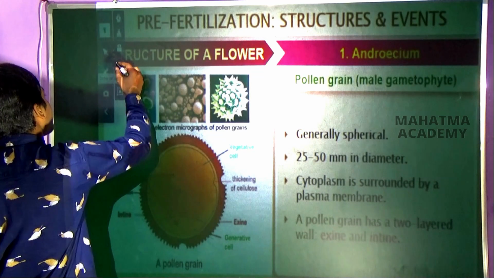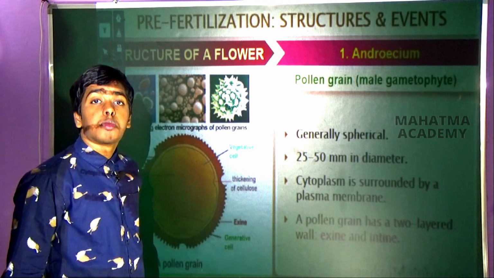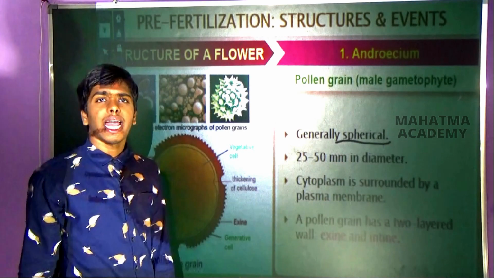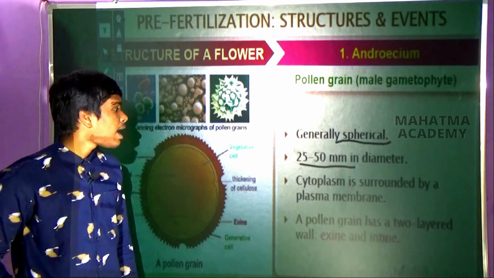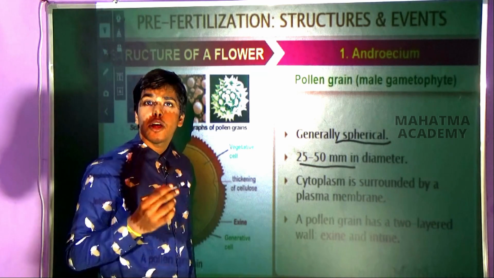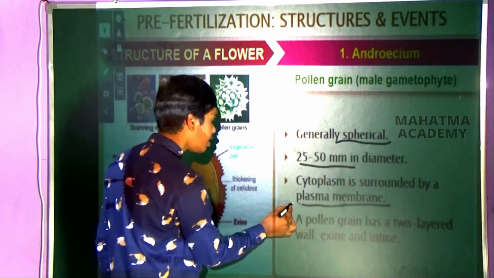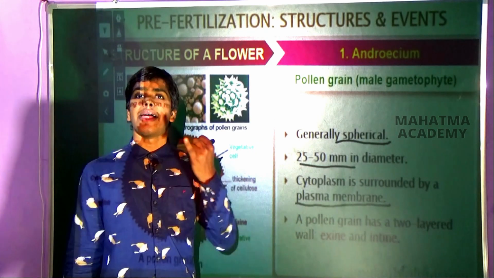Now the pollen grain. We will see about the pollen grain. What is a pollen grain? The pollen grain is generally spherical and the diameter is 25 to 50 micrometers. The cytoplasm is surrounded by a plasma membrane. Pollen grain has 2 layers, an outer layer and an inner layer.